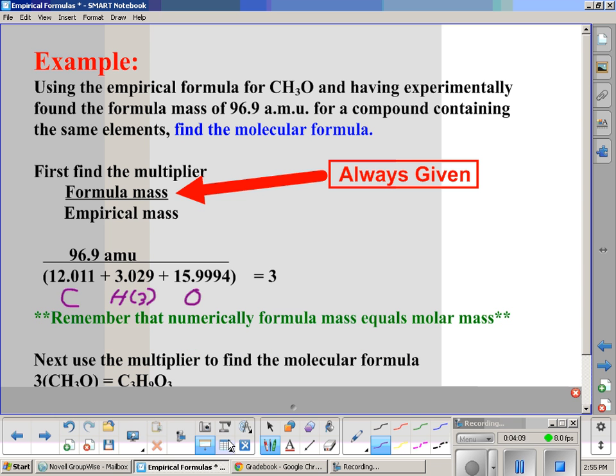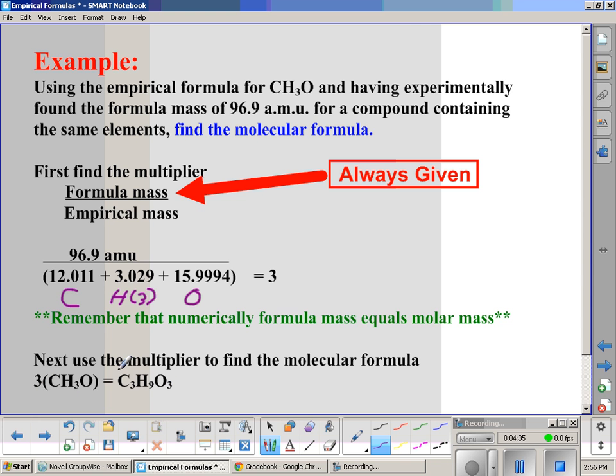Next, you're going to use that multiplier to find the molecular formula. So here's our multiplier, 3, that we just found, and that 3 goes in front of the empirical formula from our word problem, CH3O, and you're going to multiply it through. It gives us 3 carbons, 3 times 3 gives us 9 hydrogens, and finally 3 oxygens.